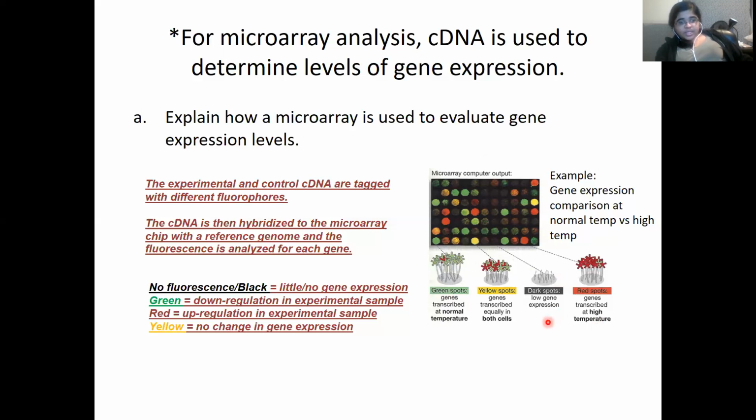And with dark spots, there was low gene expression in general. And then here we see that with the high temperature ones, the red ones ended up having upregulation of the gene itself at the high temperatures. So I hope that makes sense with microarrays.